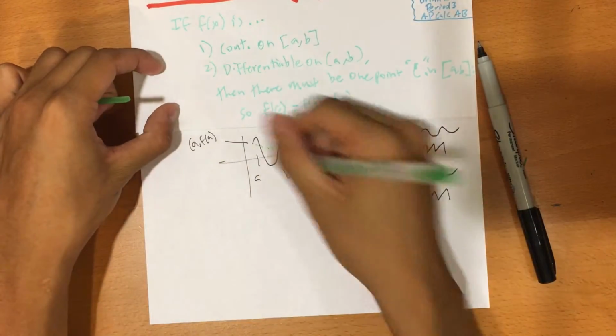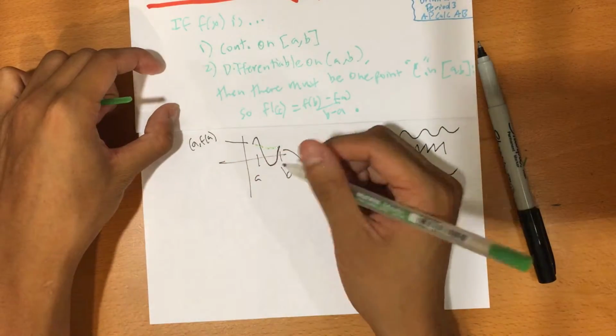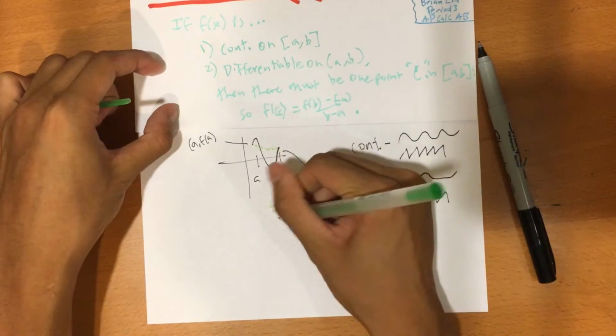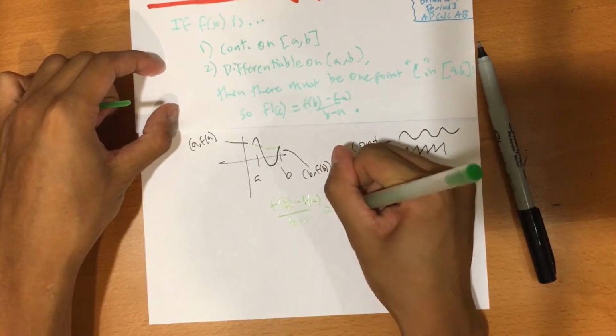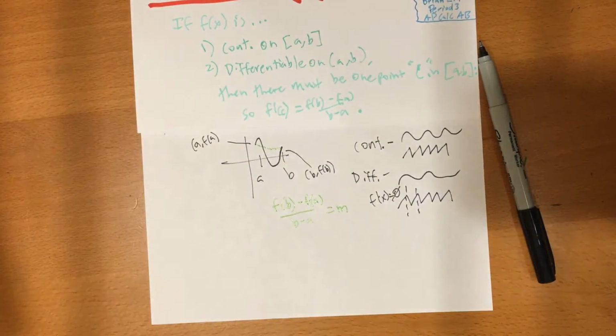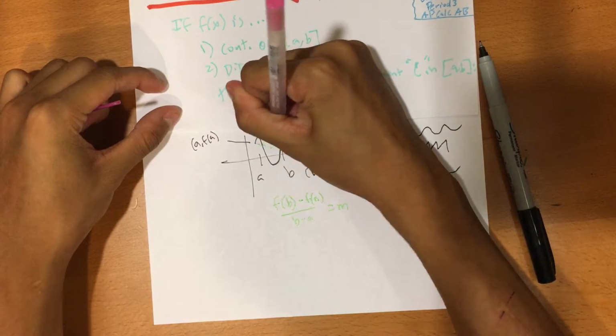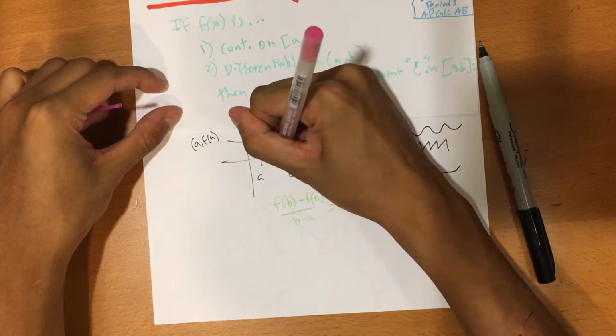So this is just the change in y over the change in x. So f of b minus f of a over b minus a is equal to the slope. So the mean value theorem essentially states that there is at least one derivative. So I'd say it's around here and around here.